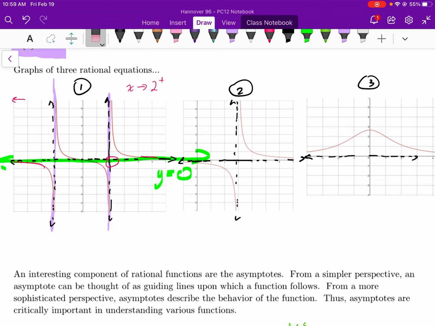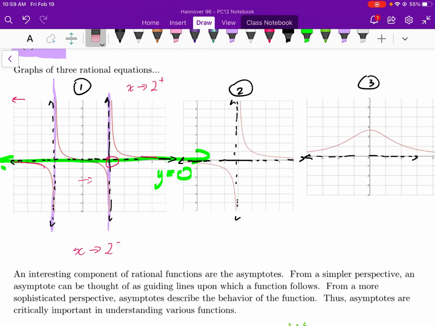The y value gets incredibly high. And the closer you are to 2, the y value gets increasingly large. How large? Incredibly large. However, on this side over here, this is going to be weird for you, as x approaches 2 from the negative side, that is, when I approach 2 from this side, my y value gets extraordinarily large and negative.